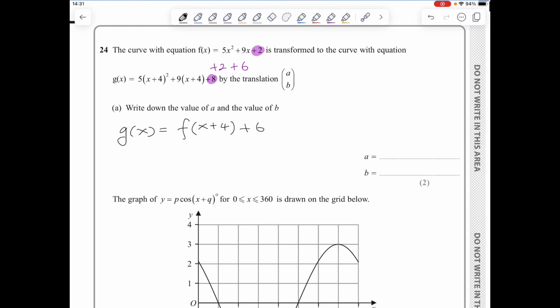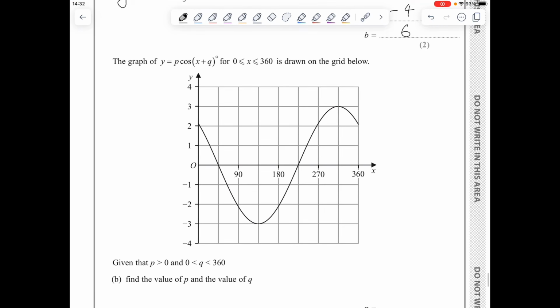The plus 4 in the bracket indicates a translation by 4 units to the left, and the plus 6 at the end indicates a translation by 6 units up. Therefore, the vector that takes the function 4 units to the left and 6 units up is the vector minus 4, 6.